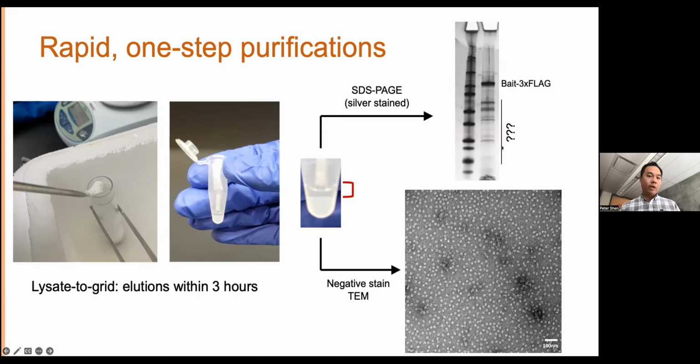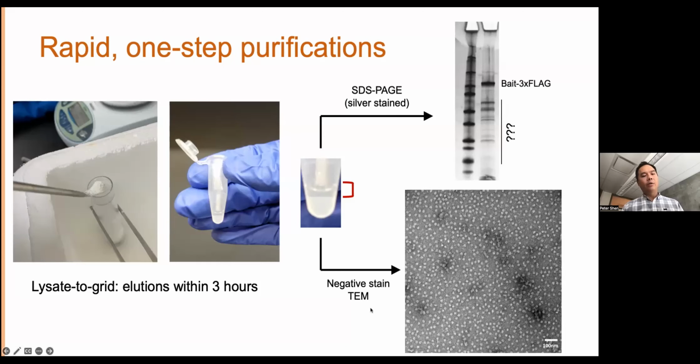But the advantage of working with native materials is that maybe some of these are authentic binding partners or substrates that can't be captured through an in vitro reconstitution method. And so we always run these gels, and our yields are high enough for cryo-EM, but not sufficient to be stained by Coomassie. And so we have our favorite silver stain kit that we use for all of our co-IPs.